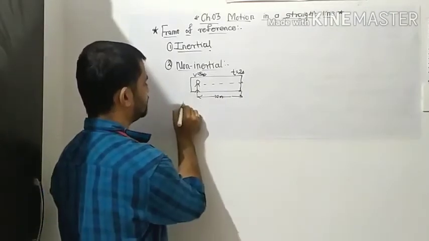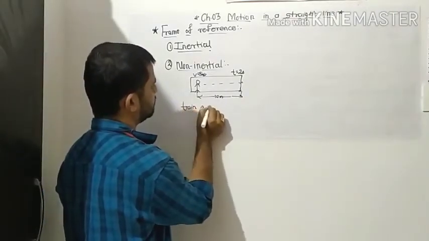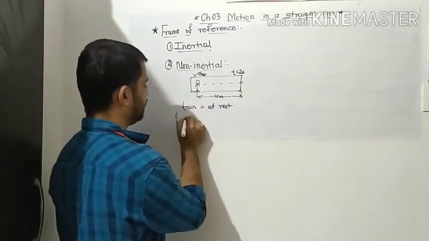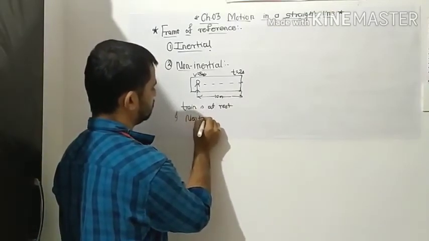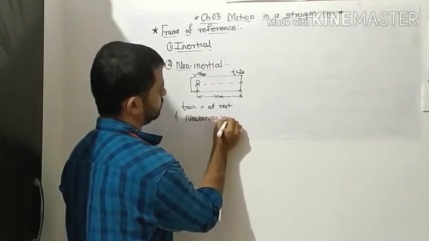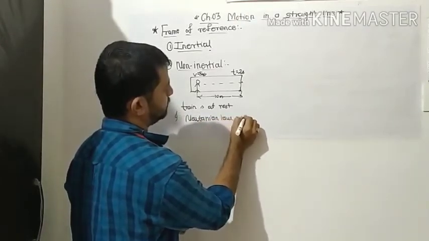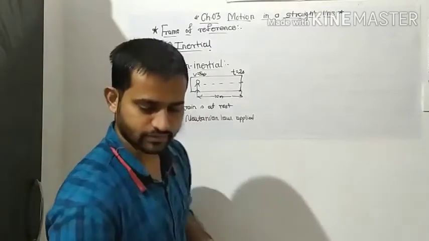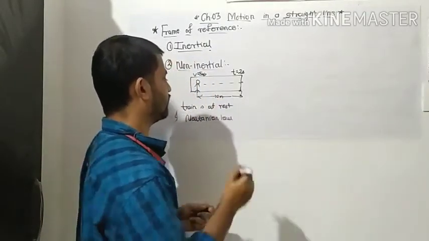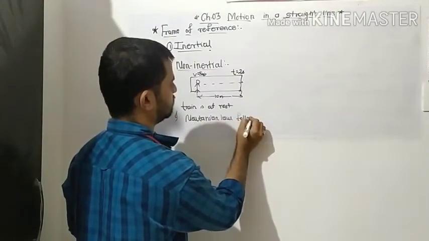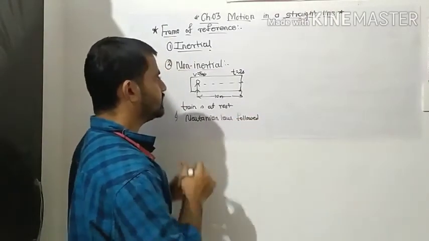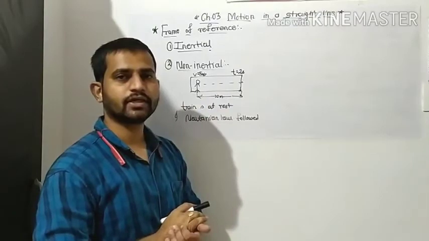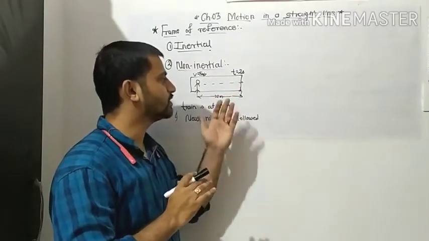So initially the train is at rest, and the Newtonian laws can be applied here, because Newton's law gets followed here. So when we throw a ball with a 5 meter per second velocity, it will require 2 seconds to cover a distance of 10 meters.